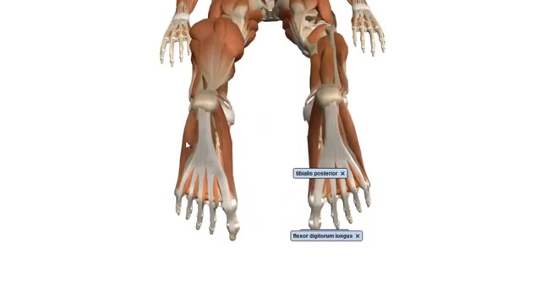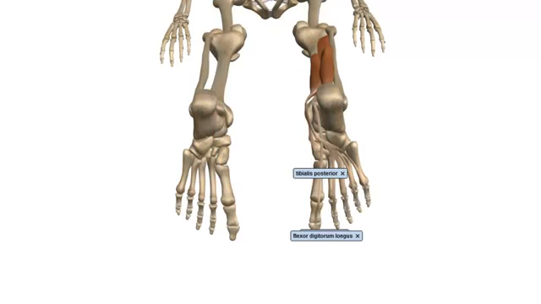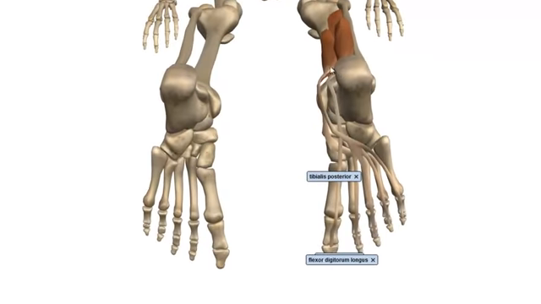So I've just rotated the model so we can look at the plantar surface of the foot, and I'm just going to remove the other muscles and tendons. So you can see this muscle here is the flexor hallucis longus, and you can see the tendon winding around, and it inserts onto the base of the distal phalanx of the great toe.